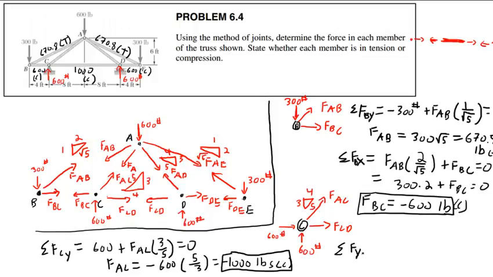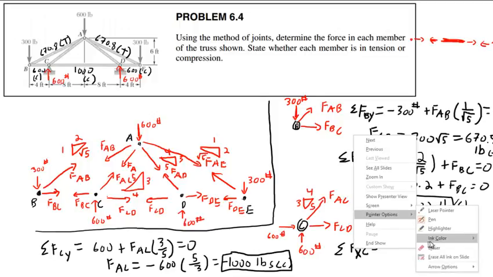Then finally, I'm going to just do a sum of forces in the y direction on joint C. X, yeah, X, Y. What's a direction among friends? I mean, they're all orthogonal, right? And you know what?